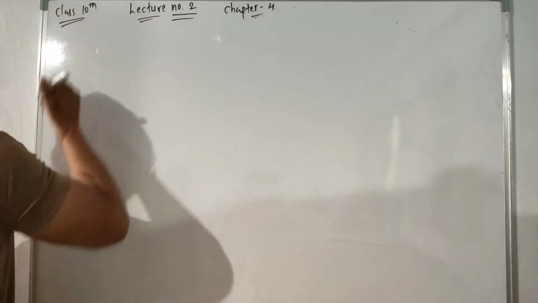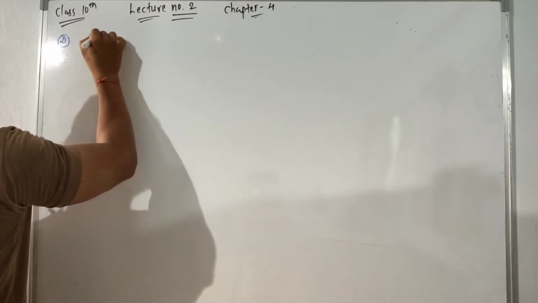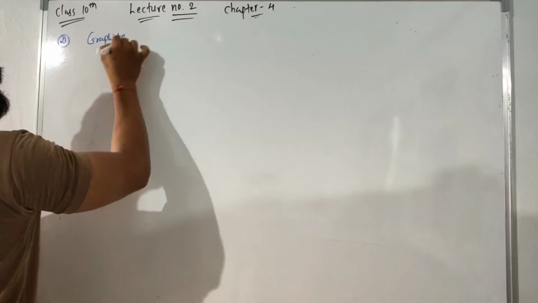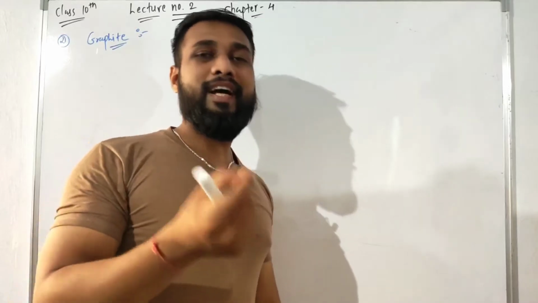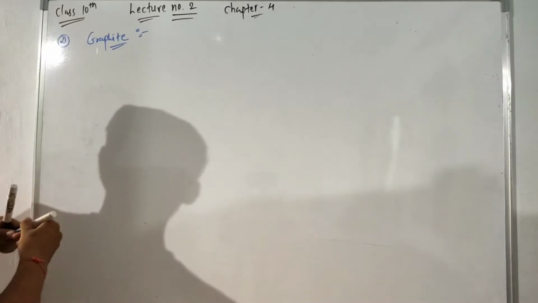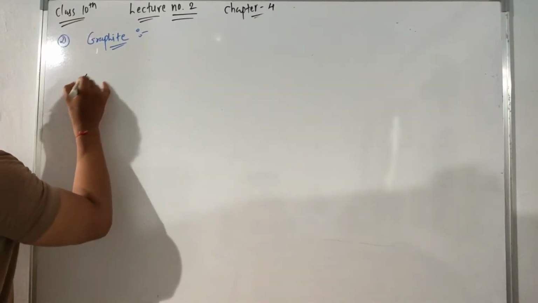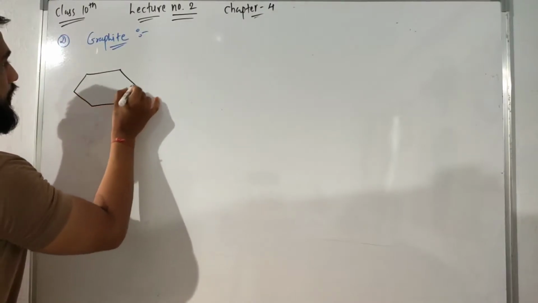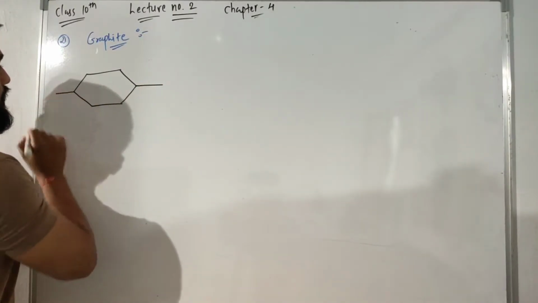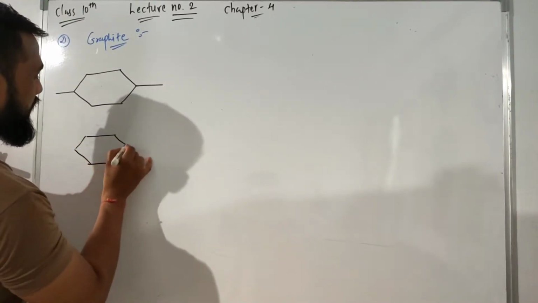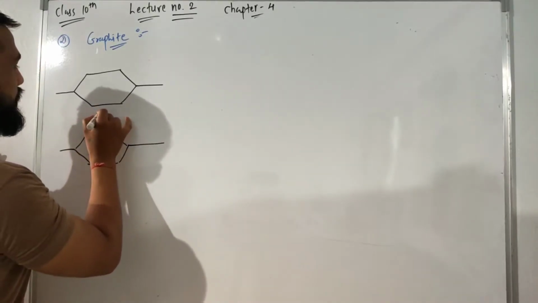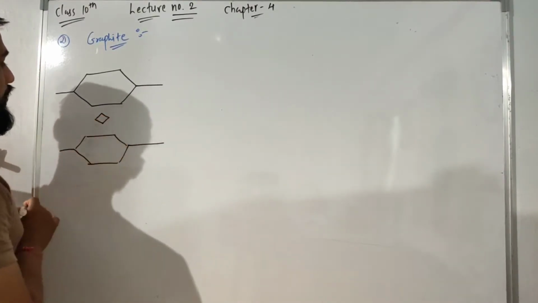Now the second allotrope is graphite. Let's talk about graphite. You also use it: you have graphite in your pencil. The graphite structure is like this. We have a hexagon like this, and we also have another hexagon here, and a triangular shape like this.